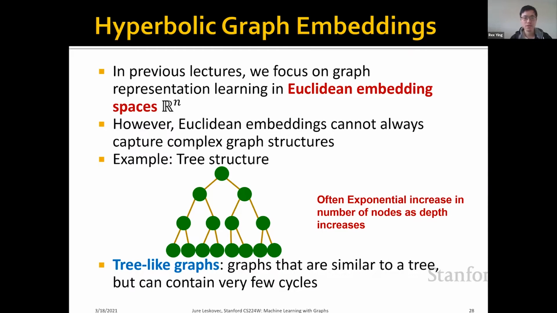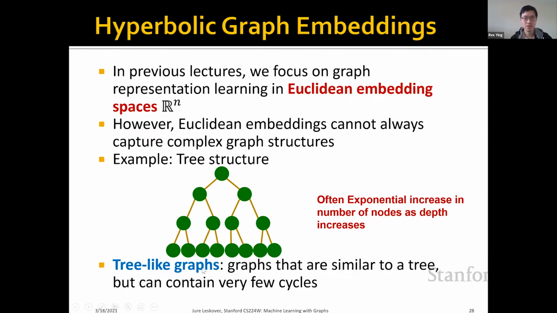These trees are difficult to embed in the Euclidean space, as you have seen, because the slide itself is a 2D plane, and as the depth increases, the leaf nodes become closer and closer to each other, to the point that the embedding space can no longer represent the distance between them faithfully, because they are very clustered together due to the exponential increase in the number of nodes. So here we are focusing on graphs with such tree-like structure.